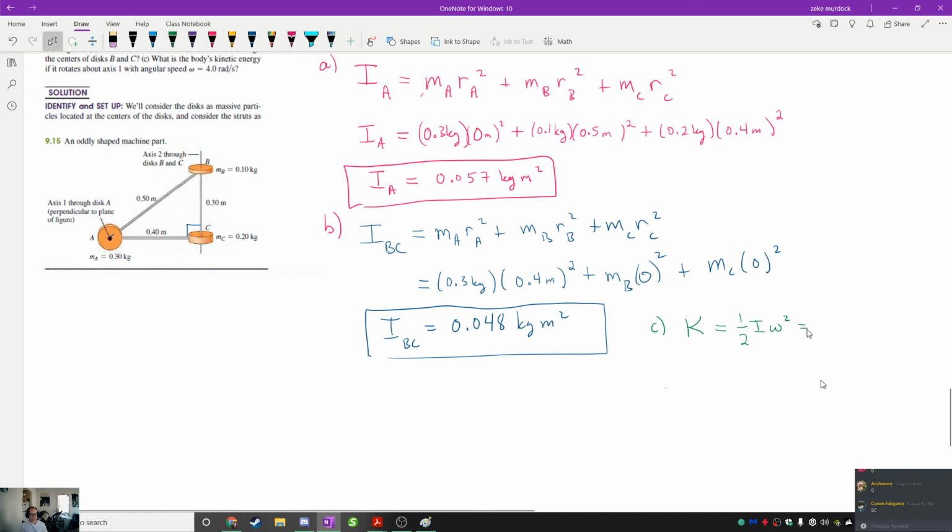Okay, so that's what we get. 1/2 I times omega squared to find the kinetic energy. We wanted to use axis A, I think it said, right? Axis 1, which is going through here. So I sub A was 0.057, and we're multiplying that by omega, which is 4.